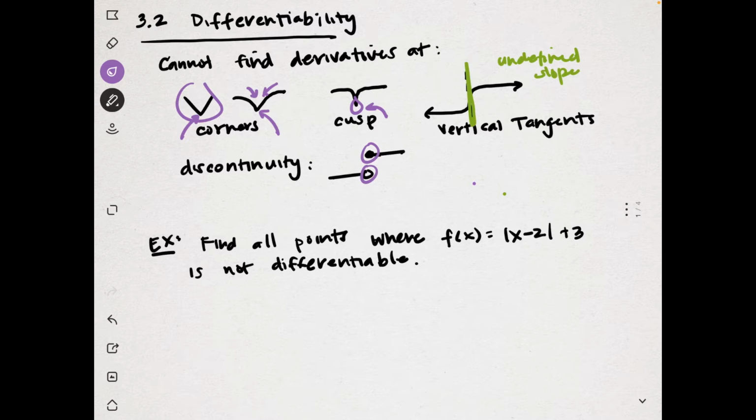Those of us who are good at recognizing families of functions and what the graphs look like know that this is an absolute value function, and any absolute value function is v-shaped. If you know this really well, the transformation of x minus 2 just means the vertex is moved from the origin over 2 spaces to the right.